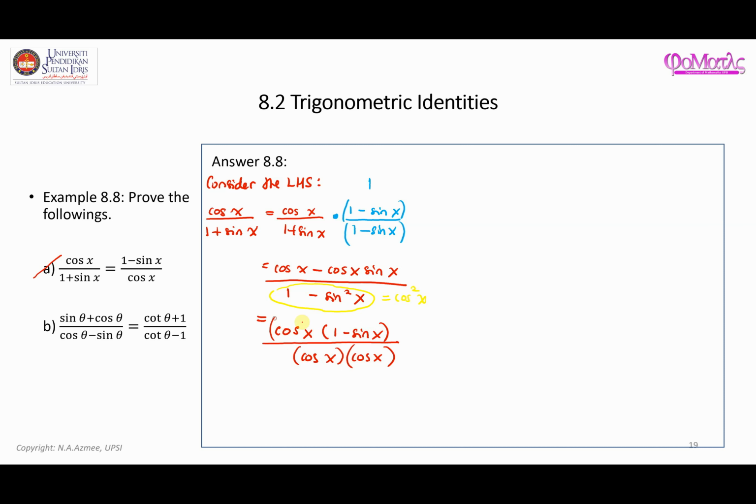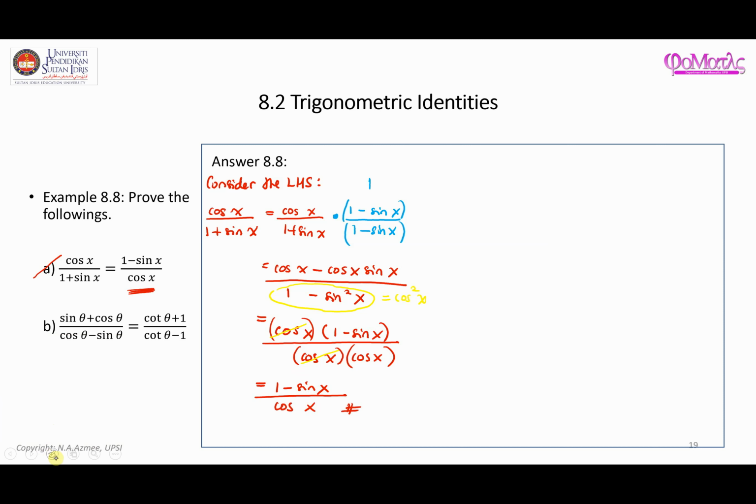And clearly from this you can see that this term can be cancelled out. So what we have next is a simplified form where we have 1 minus sine of x over cosine of x, and this is similar to what you've seen here on the right hand side of the equation.